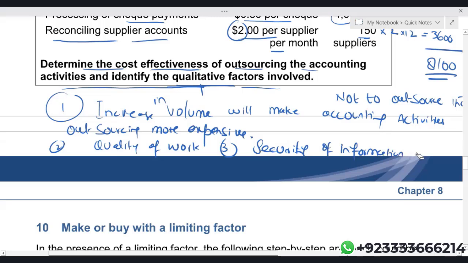That is, if the volume increases, then obviously outsourcing will become more expensive. And what quality of supply will be there? There's a possibility that the firm I'm going to outsource my accounting work to might be making more errors. And what is the security of information?